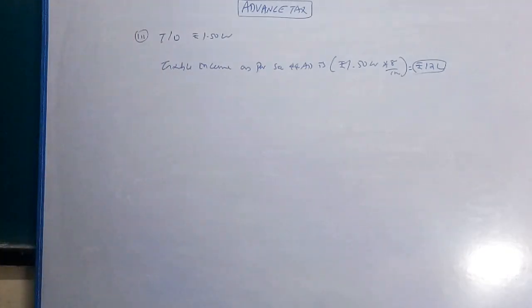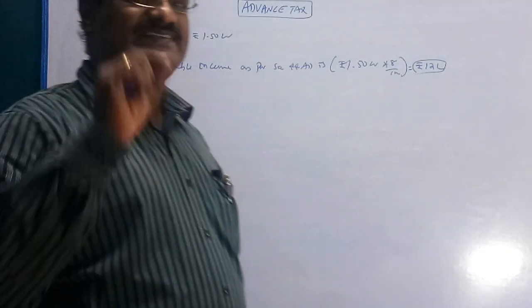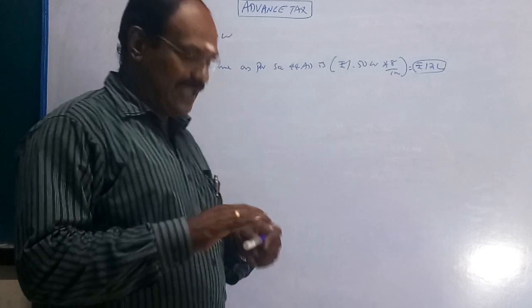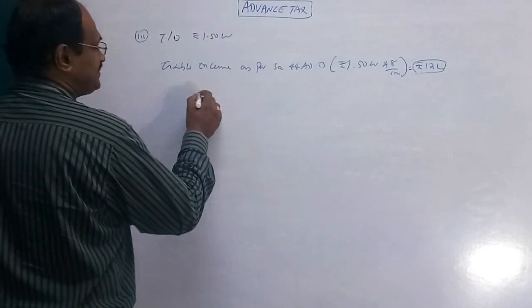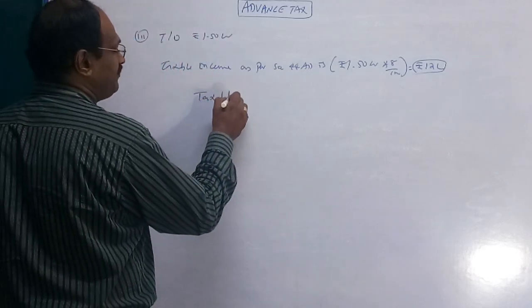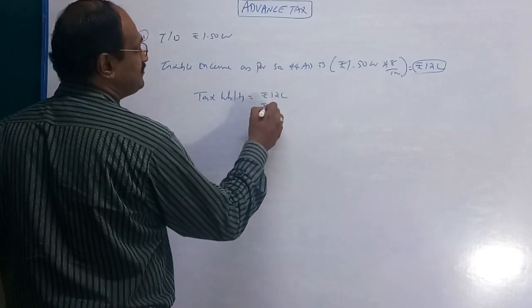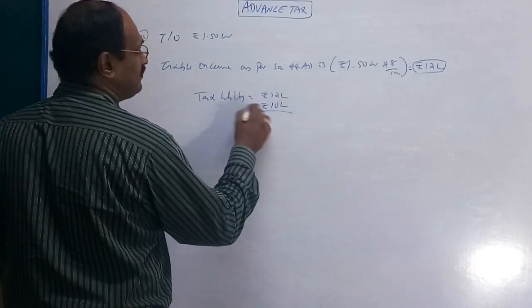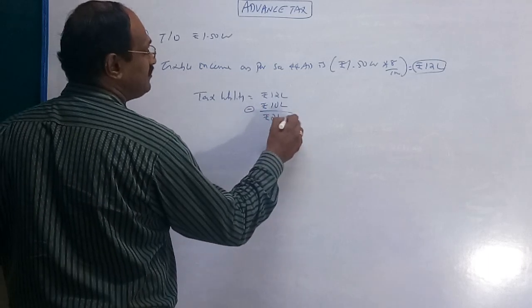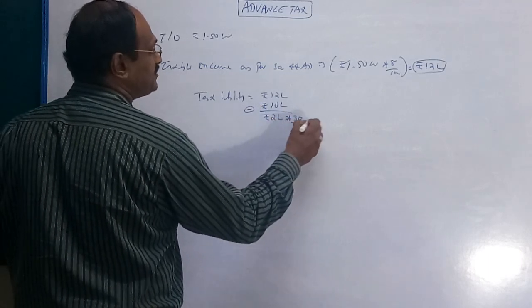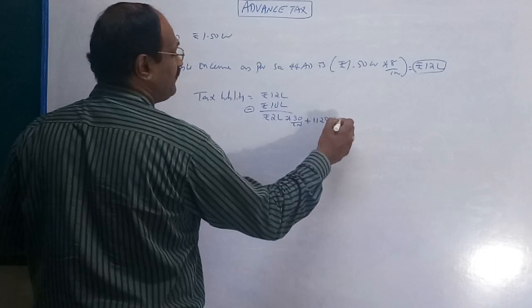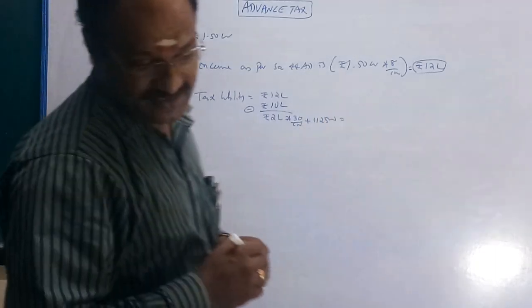So for 12 lakhs, what is the tax liability? 12 lakhs less 10 lakhs, so 2 lakhs into 30% plus 1,12,500. He is not a senior citizen.